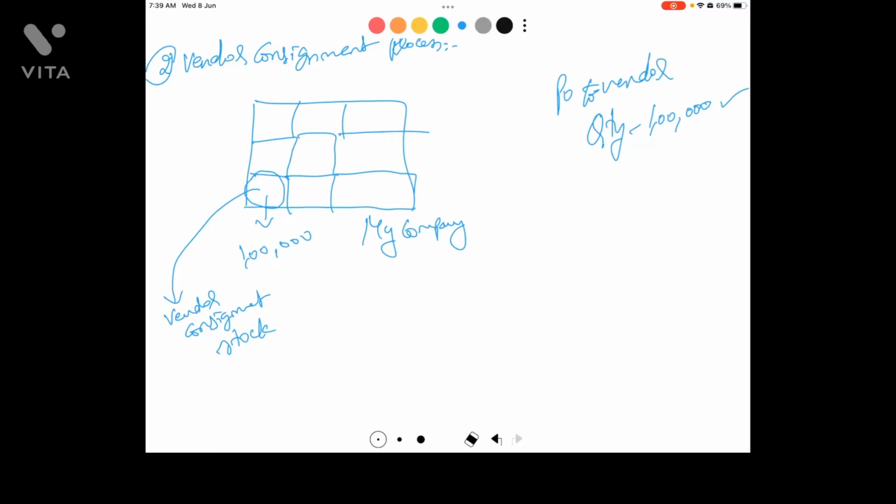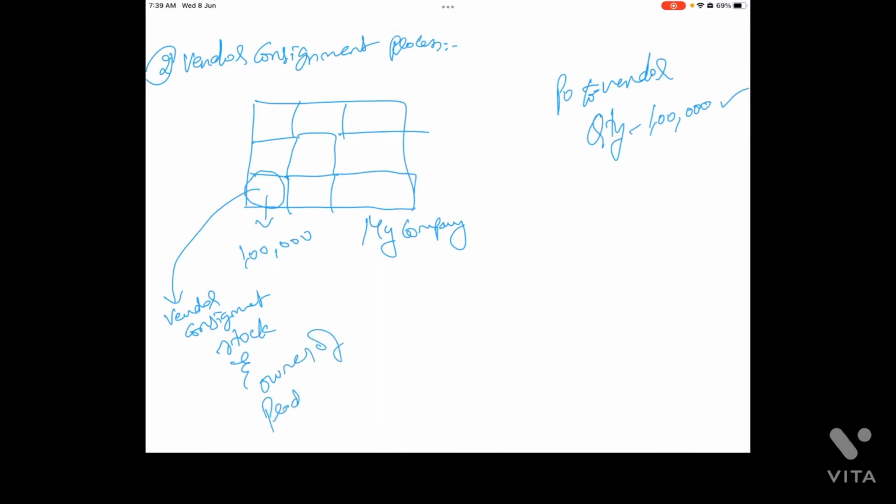But when will the owner of the product change? The owner of the product will not change. Even though the vendor dispatched it to our location, and even though the stock is there in our location, the owner of the product has still not changed.